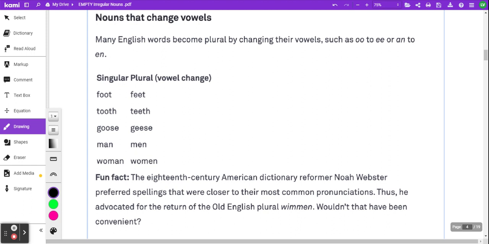If tú estás hablando de los dientes or your teeth, then you would say teeth. So cambia. No se dice tooth. My tooth hurt. No, my tooth es uno, my teeth son todos, right? So sí cambia el sonido. Man is one. Men is many. Woman is one. Women is many.